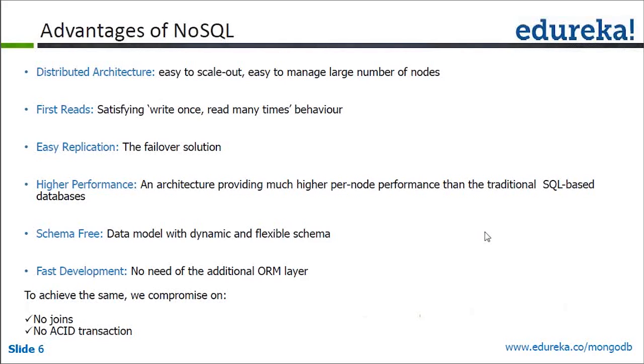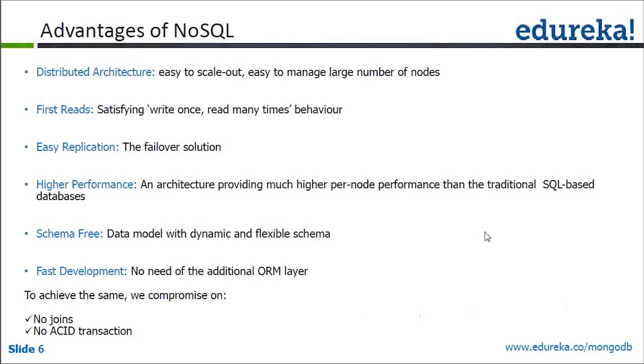So what are all those architectural decisions? The two main compromises adopted in MongoDB are, number one, no joins supported across multiple tables. In MongoDB we call them collections, but let's call them tables for the time being. Number two, no full ACID transaction support.